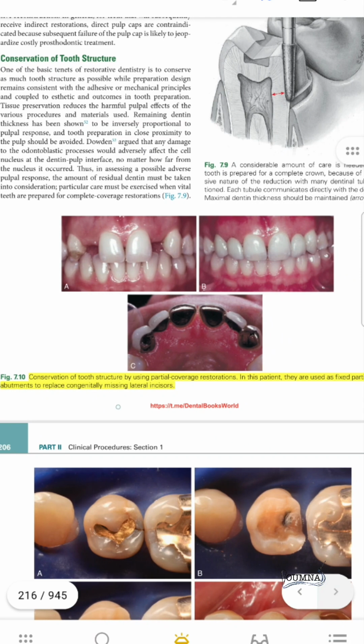Here a conservative approach was used, a partial coverage restoration, to restore the laterals by doing a bridge between the canine and the incisor, and only the labial surface was prepared.